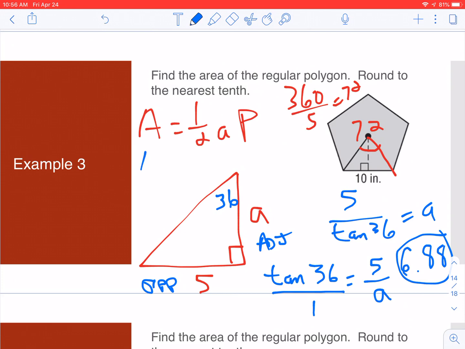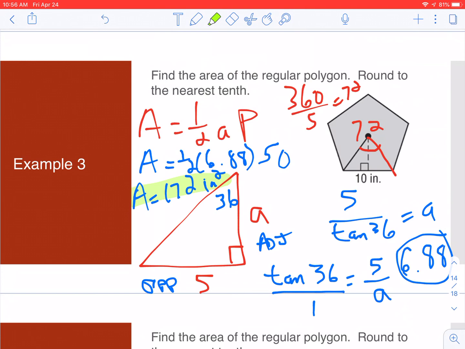So all we do now, area equals 1/2 times 6.88 times 50. 6.88 times 0.5 times 50 equals, and I get 172 square inches.